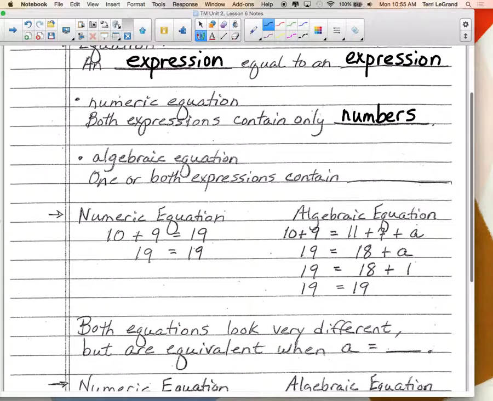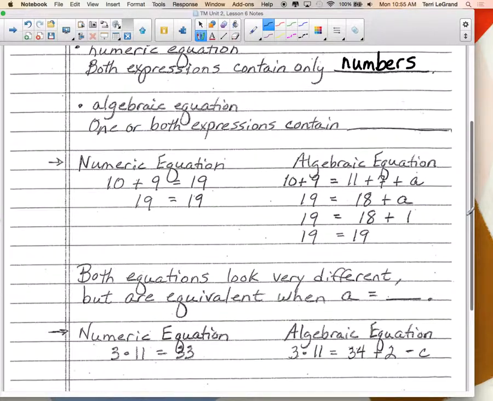An algebraic equation, one or both sides, the expressions contain variables. So once variables are introduced into an equation, it is no longer numeric, it has now turned into an algebraic equation.